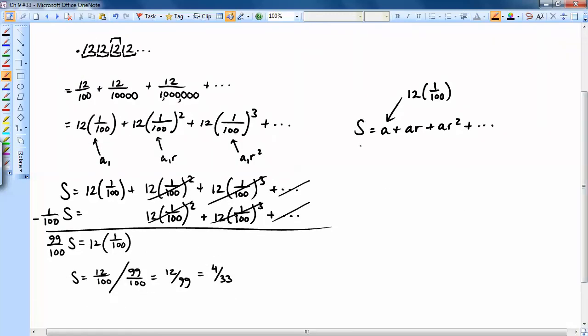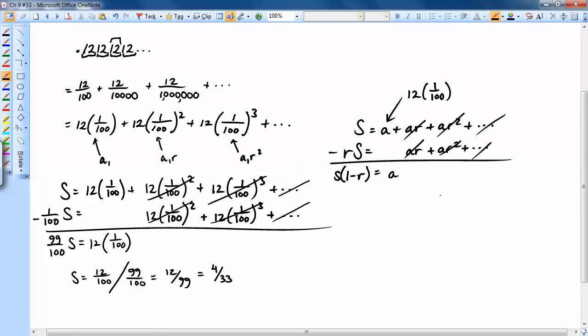And if we use the same exact trick where I multiply by r, then I'm going to get ar plus ar squared plus, and so on. And when I subtract, I'm going to get S times 1 minus r, if I factor out the S minus rS. And then I get a, and everything else cancels. So then I'm left with S equals a over 1 minus r.